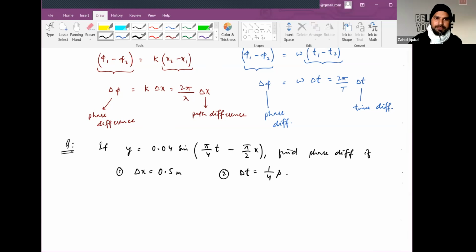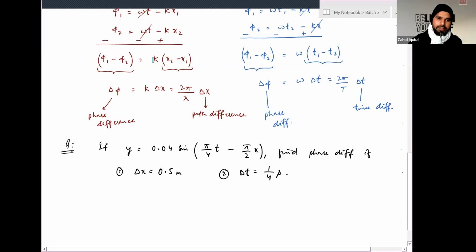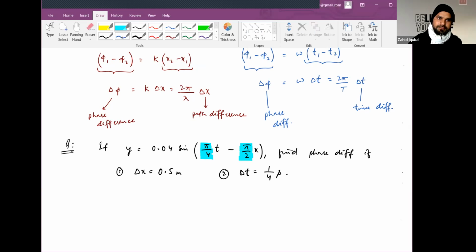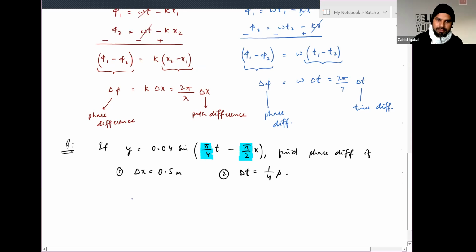Just use the above formula. On comparing, the coefficient of time will be omega and the coefficient of x is k. So using the formula, delta phi equals k times delta x. Put the value of x and k from this part and simplify it. Again, delta phi equals omega times delta t. Put the value and simplify it.